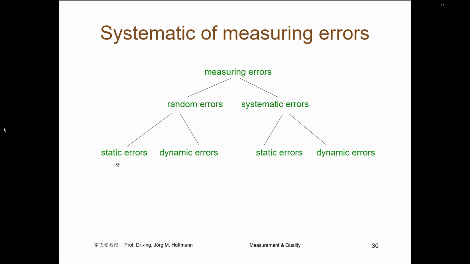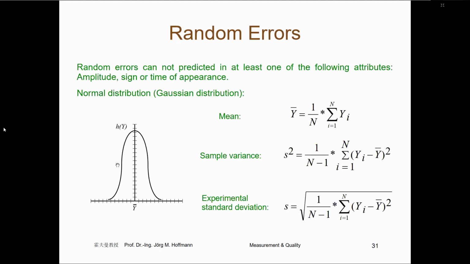That is the only chance that we have, because we don't know whether the error comes the next time again or not. Therefore, I cannot correct it. I can only describe the error with statistical methods. And that is what we are looking for now.